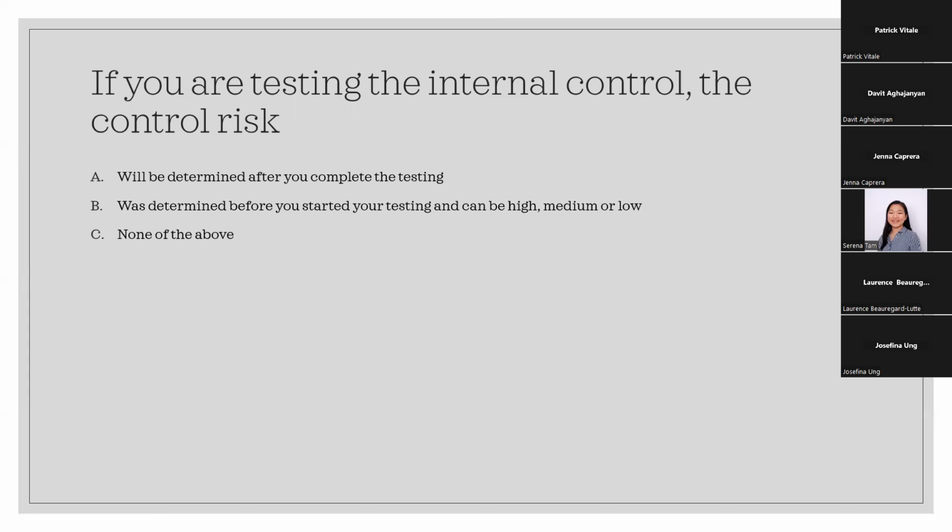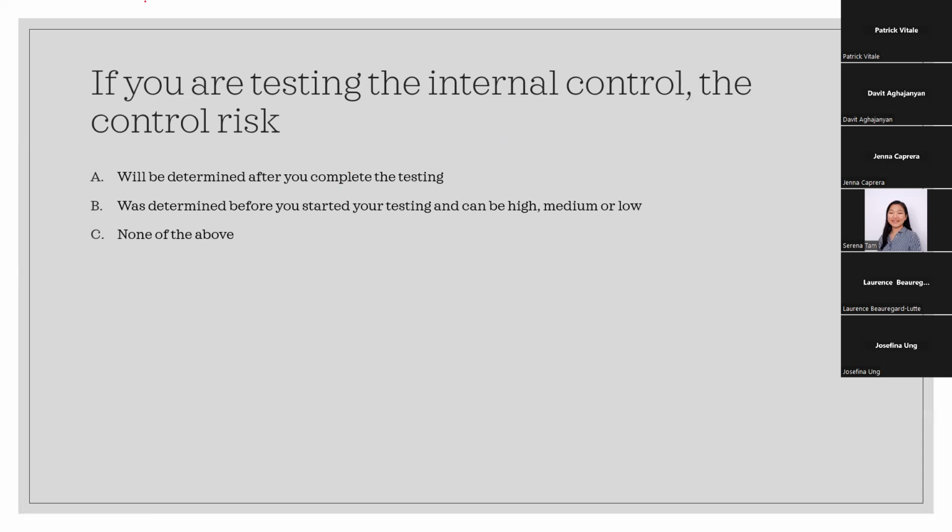You want to say B. David wants to say B. Patrick says A. Okay, you guys are gonna have to fight for it, Patrick and David. Okay, so Laurent says A as well.